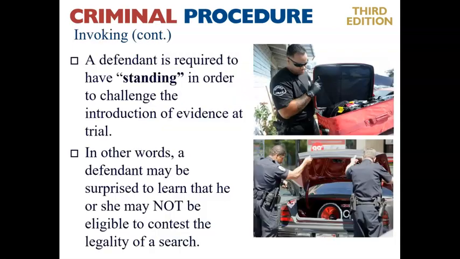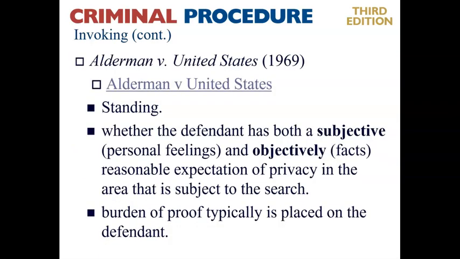Hopefully that makes sense. So as part of invoking, you are required to have standing, and we'll define that a little further. Basically, you need standing in order to contest the legality of a search.